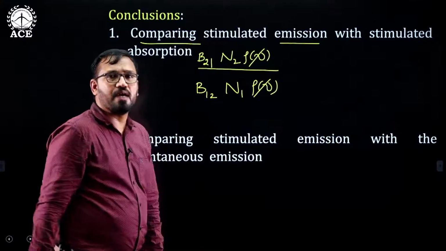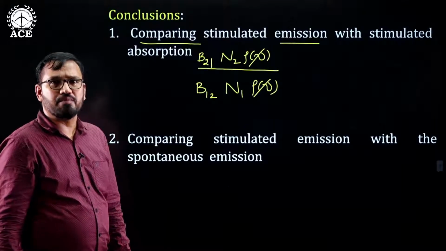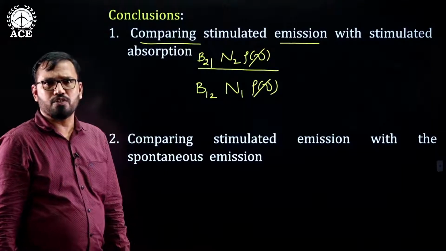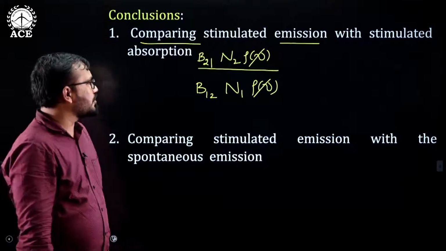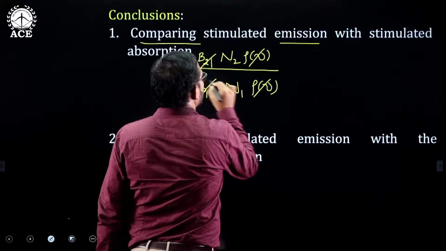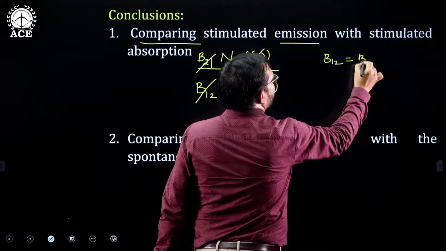Just now we derived the relation between the Einstein coefficients, equation B: B12 by B21 is equal to 1, meaning B12 is equal to B21. So that is the Einstein coefficient relation. From this, what did you understand? These also cancel, since B12 is equal to B21.